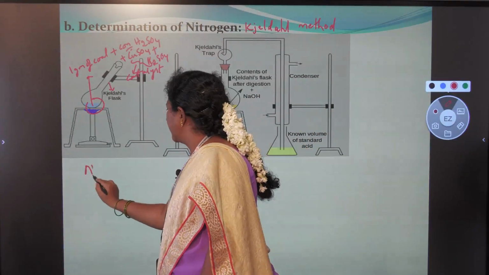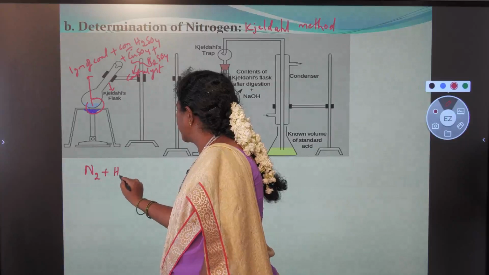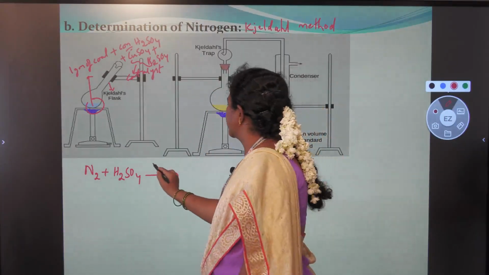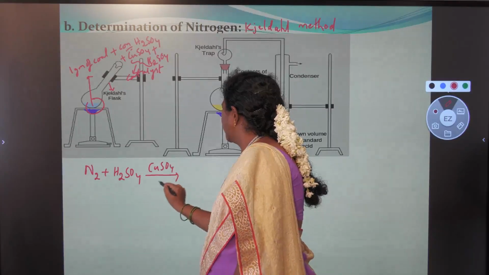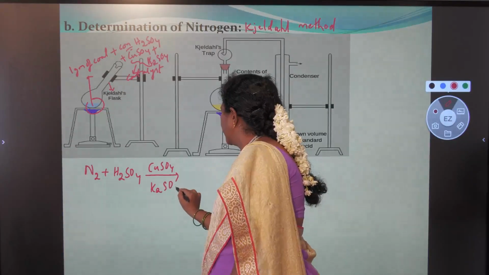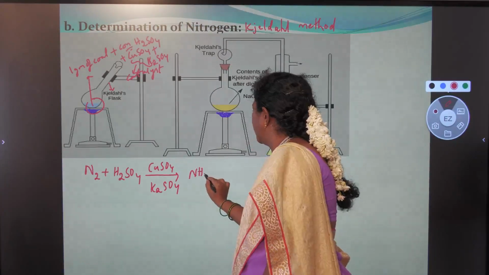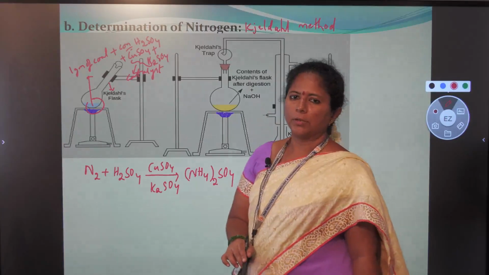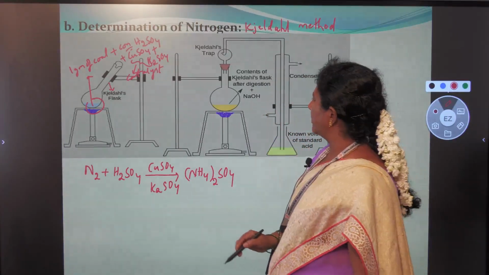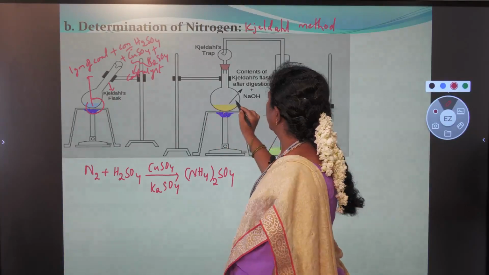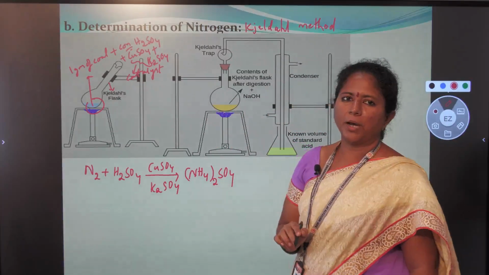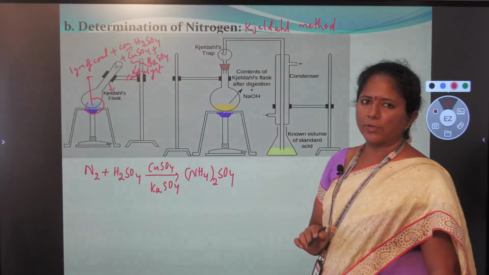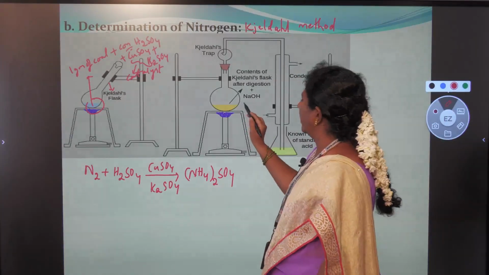That means nitrogen plus H2SO4 in presence of the catalyst CuSO4 and K2SO4 gets converted to ammonium sulfate, (NH4)2SO4. Now this ammonium sulfate will be treated with excess of sodium hydroxide. On treating with excess of sodium hydroxide, it liberates ammonia.